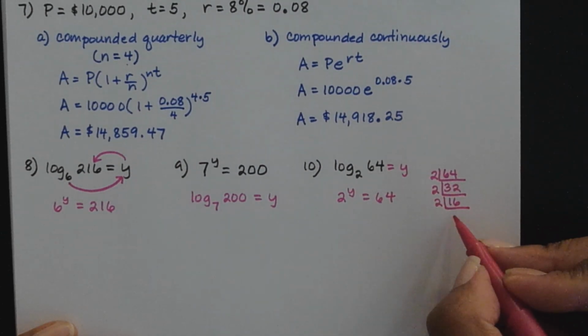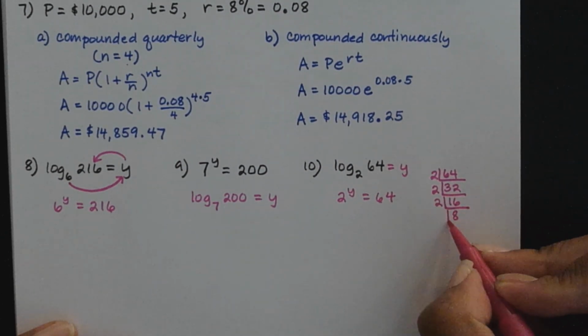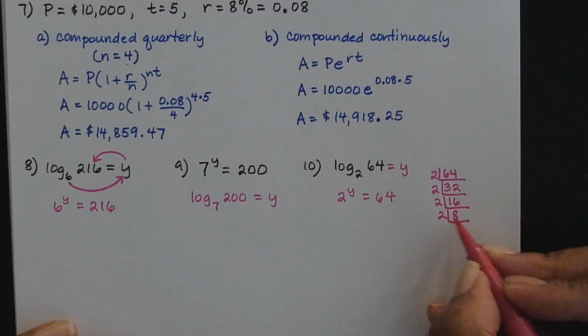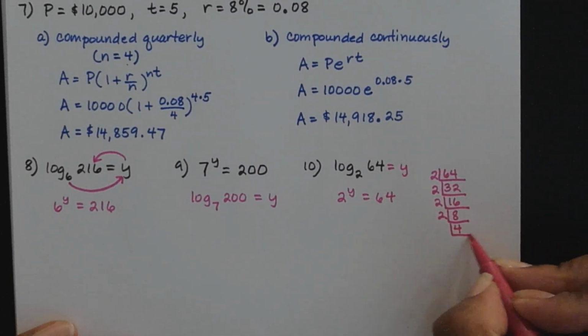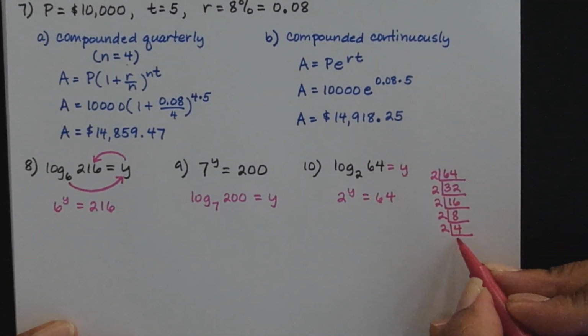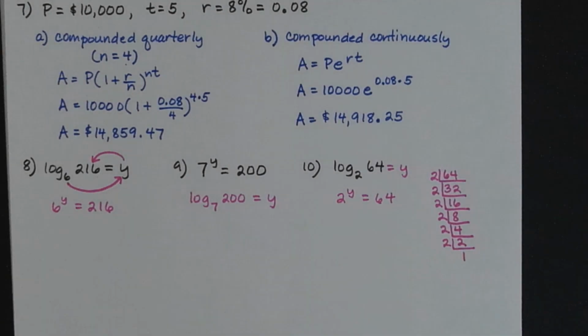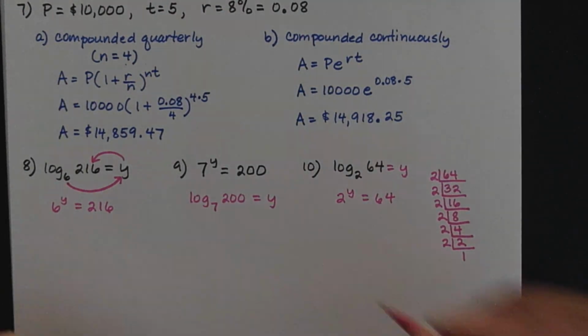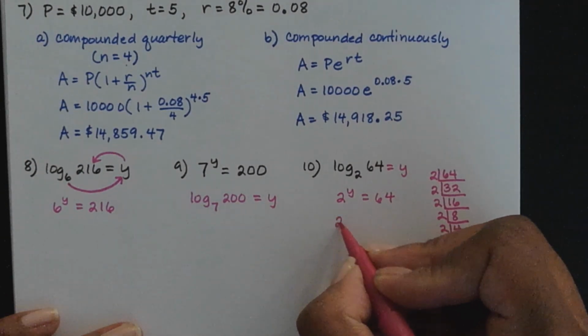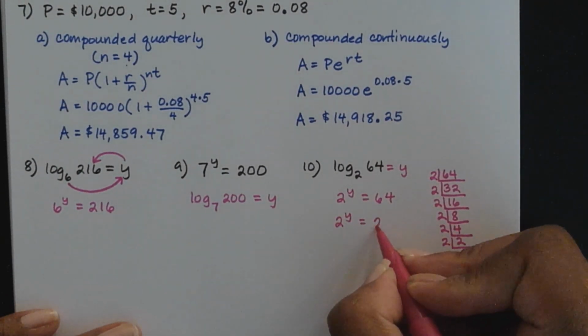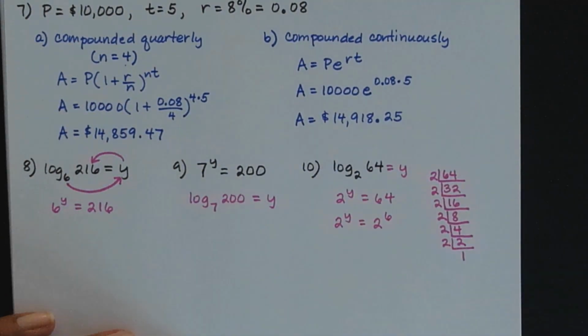Divide by 2 again. 2 into 16 goes 8 times. Divide by 2 again. 2 goes into 8 4 times. Then divide by 2 again. 2 goes into 4 2 times. And of course, 2 goes into itself 1 time. So how many times is 2 used as a factor? 6 times. That means 64 with a base of 2 will be 2 to the 6.